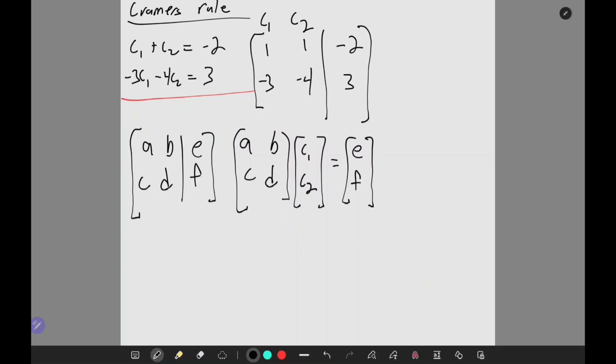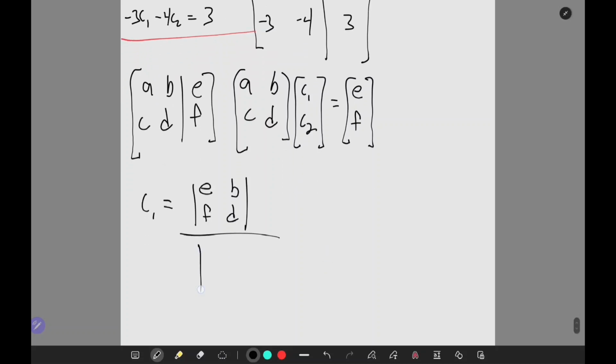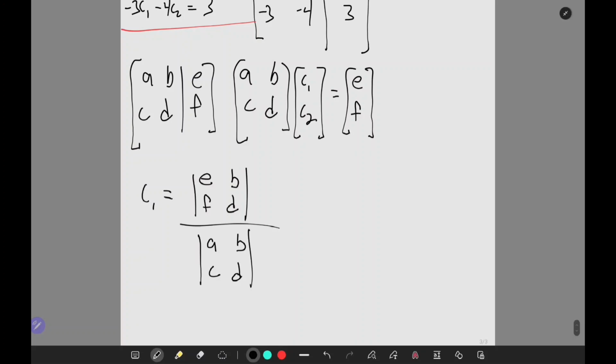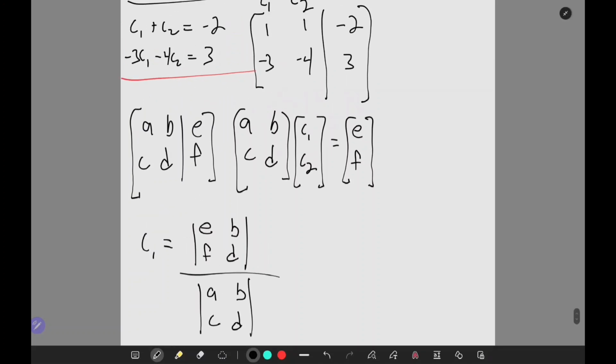So the formula goes like this. If we're solving for C1, you're going to divide two determinants. It looks like this. We're going to have E, B over F, D, the determinant, over the determinant of A, B over C, D. The determinant in the denominator is just the left-hand side of our matrix, right?